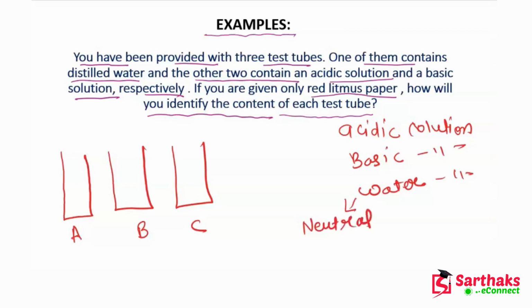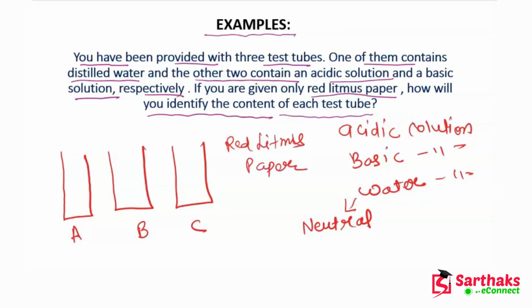It is neither acidic nor basic. We have to find out in which test tube the acid solution is present, in which test tube the basic solution is present, and in which test tube distilled water is present. To detect it, we have been given a red litmus paper.